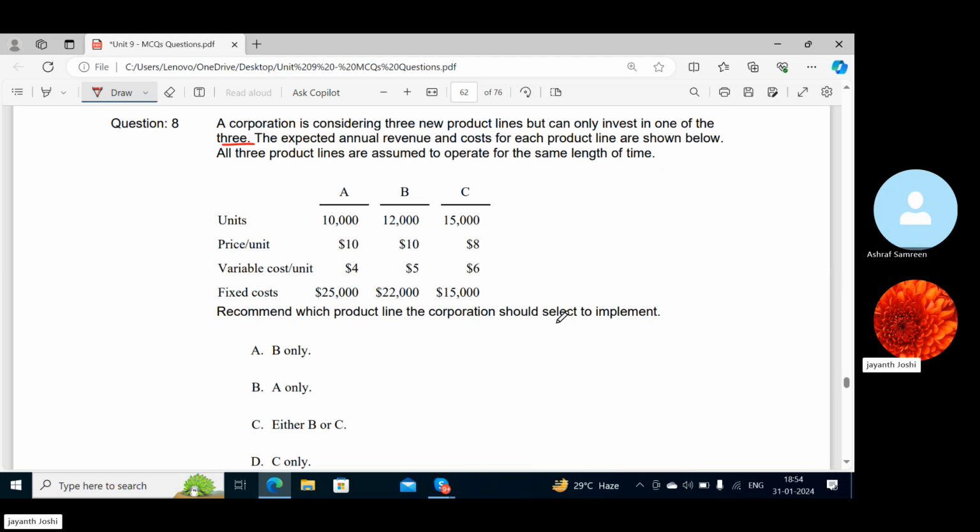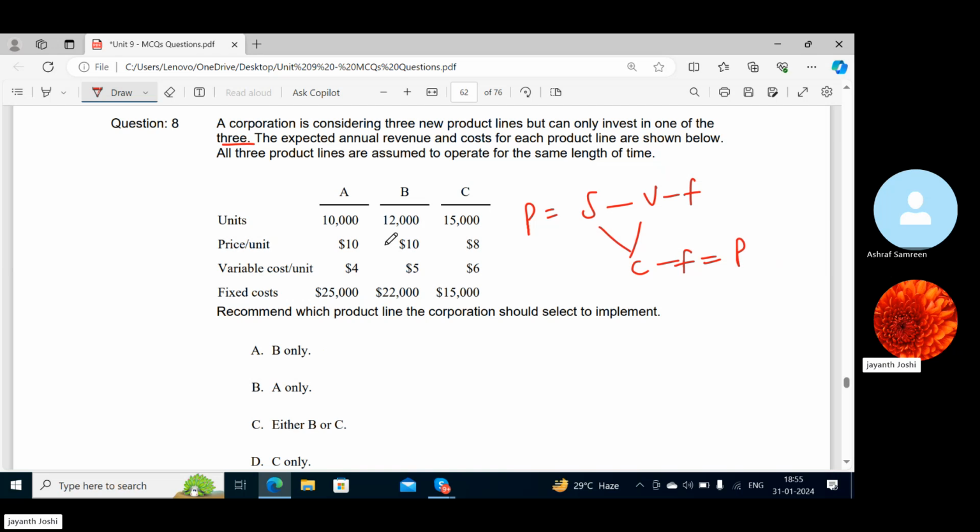The one which gives us the maximum profit is what we will be selecting, right? If we have to find out the profits in all the cases, how will we find out? Sales minus variable cost minus fixed cost, correct? That gives us profit, operating profit, or whatever you want to call it, because sales minus variable cost is contribution, and contribution minus fixed cost is profit, right? Operating income.